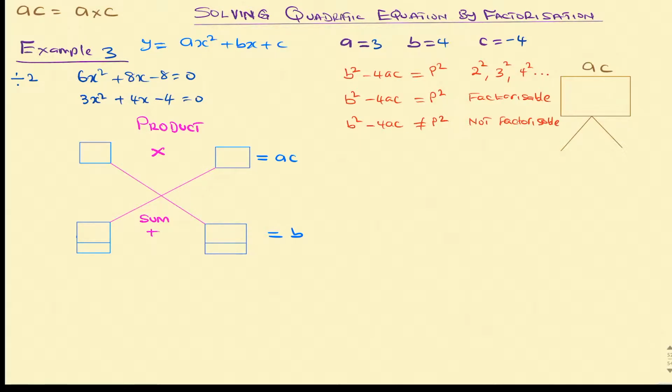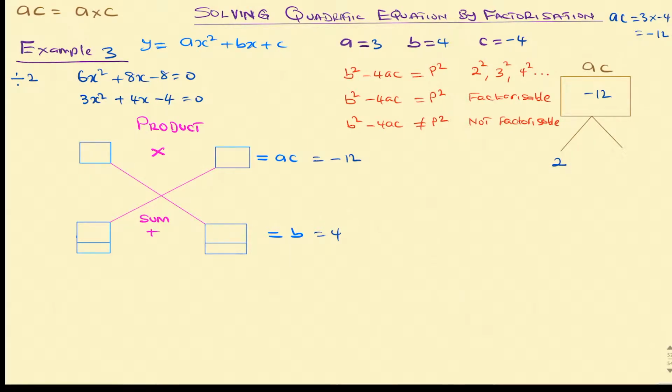Now we need to find AC, which is 3 times minus 4, and that's minus 12. We know what b is. b equals 4. We need two numbers that we can multiply together to get minus 12 and add together to get plus 4.